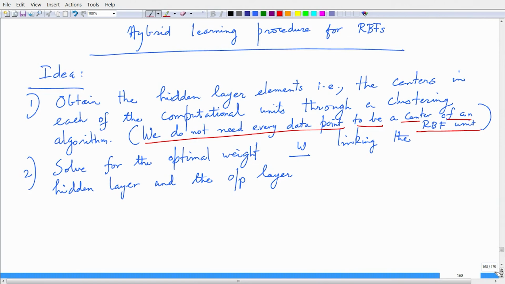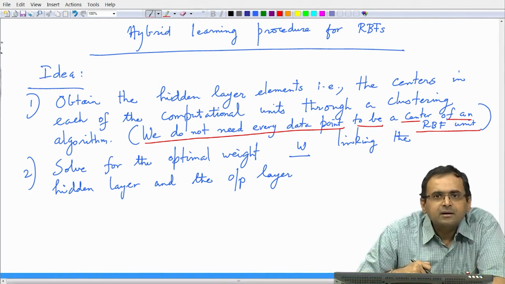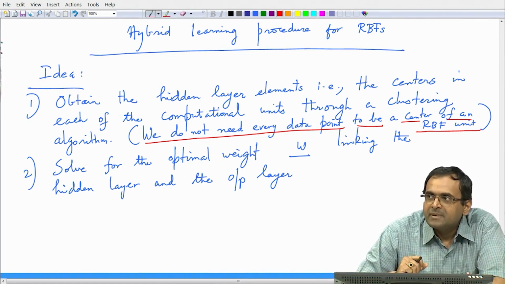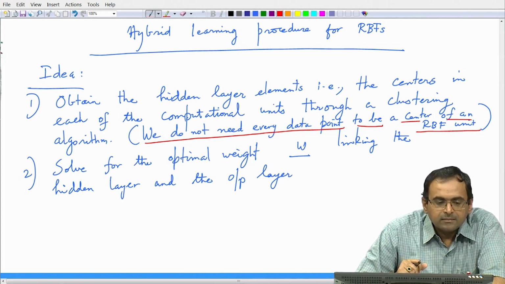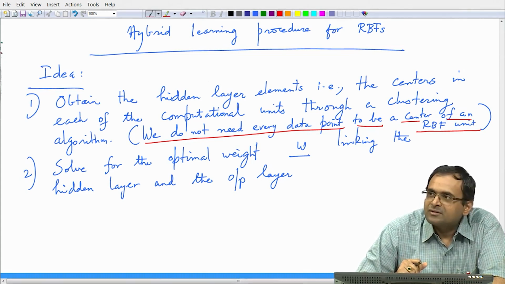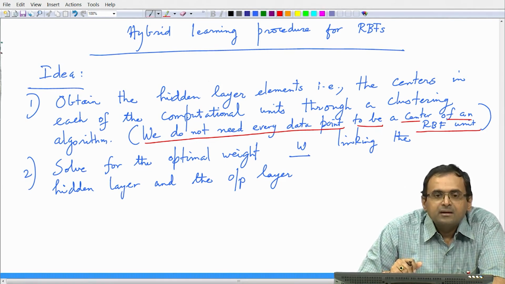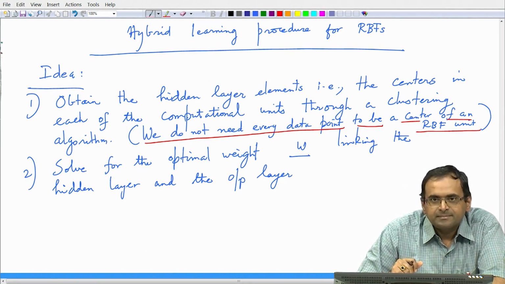Now, how can we evolve a hybrid learning procedure for the RBFs, for the radial basis functions? The idea is as follows: we obtain the hidden layer elements, that is the centers in each of the computational units, through a clustering algorithm.